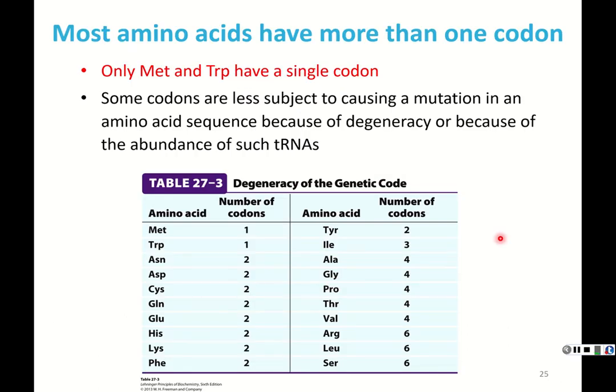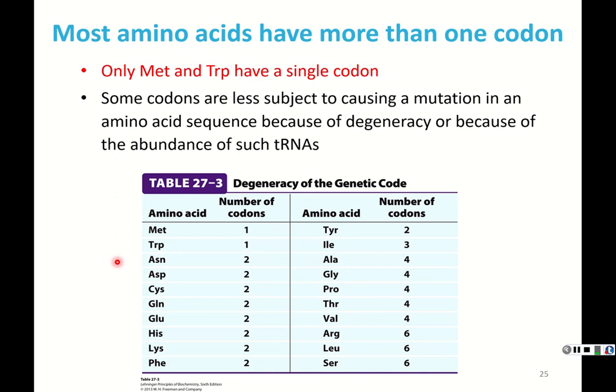Most amino acids have more than one codon, as we've said before, and only methionine and tryptophan are the ones with single codons. Some codons are less subject to causing mutations in an amino acid sequence because there's some degeneracy or similarity in the abundance of the tRNAs.